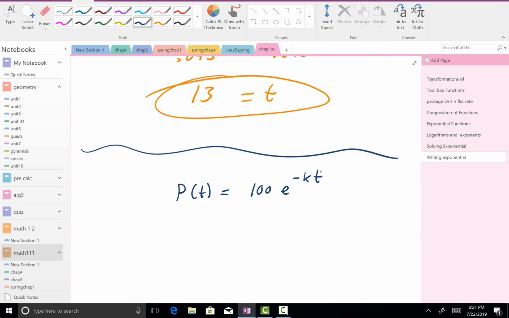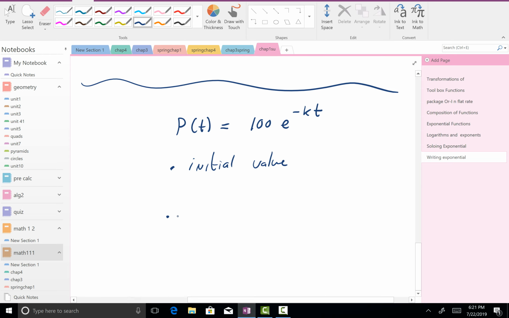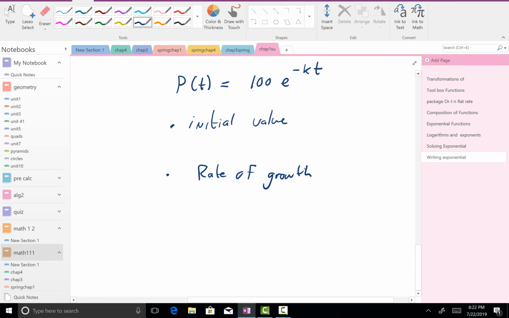I'll just leave it as rate of growth, I guess.